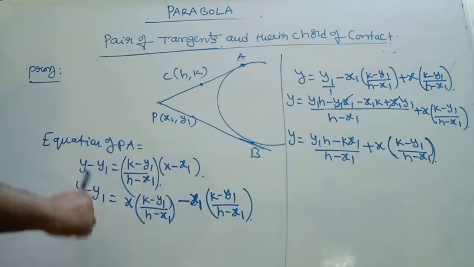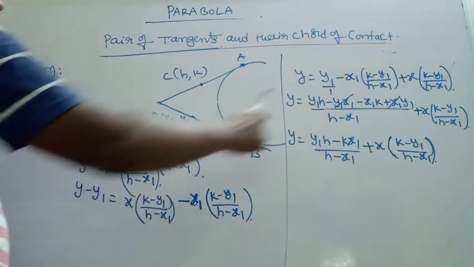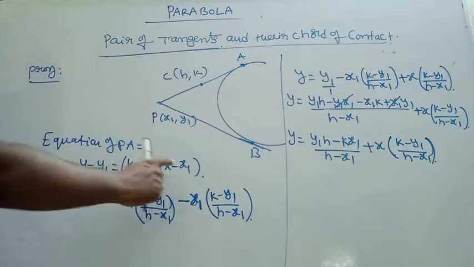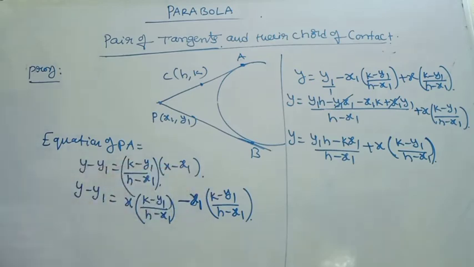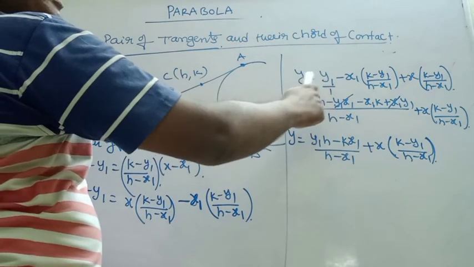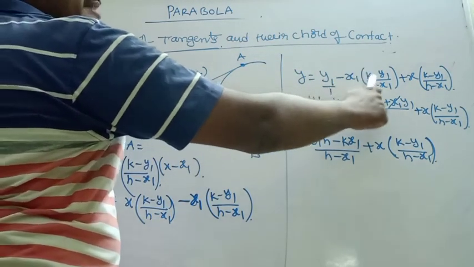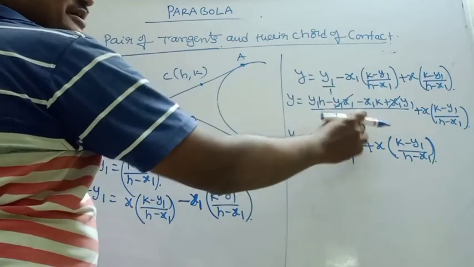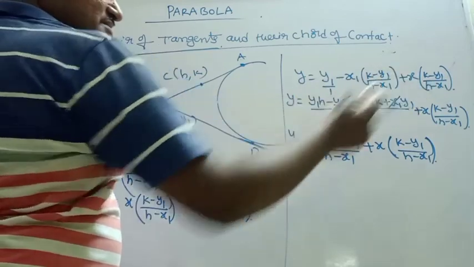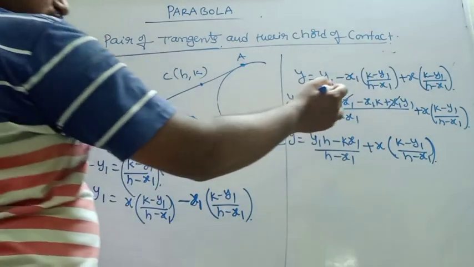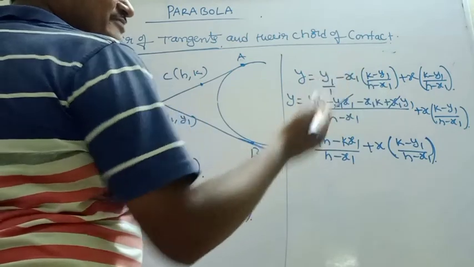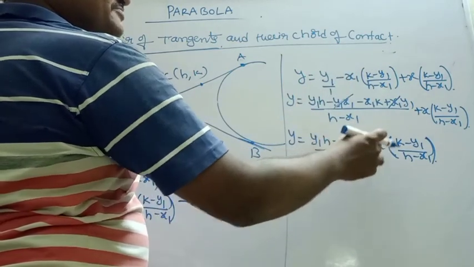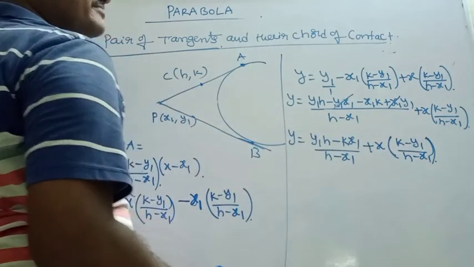We just multiplied x into this minus x1 into this. So y equals y1 minus x1 times this plus x times this. I took the LCM as h minus x1 and simplified, and here minus x1 y1 plus x1 y1 will cancel. So y is equal to (y1 h minus k x1) by (h minus x1) plus x into (k minus y1) by (h minus x1).